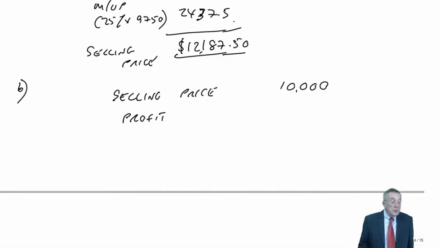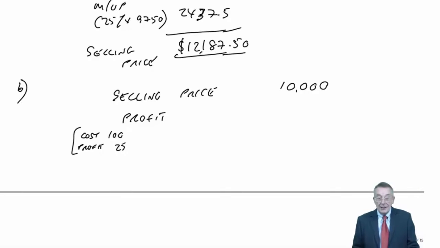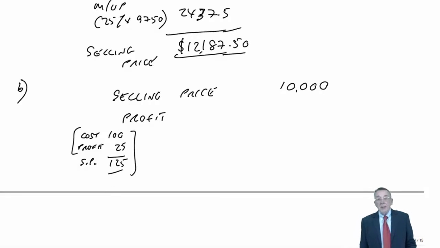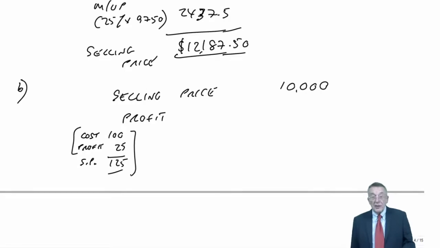I did say in part A that a markup is always a percent of cost. So for every $100 cost, we'd add on a profit of 25%, and the selling price would be 125. Or looking at the other way round, if we're going to get a markup of 25%, for every 125 selling price, the profit would have to be 25.